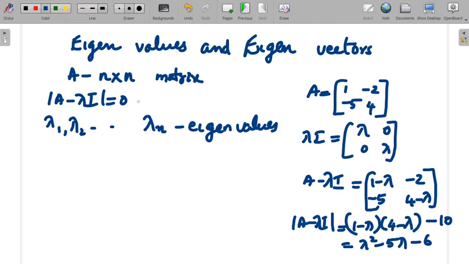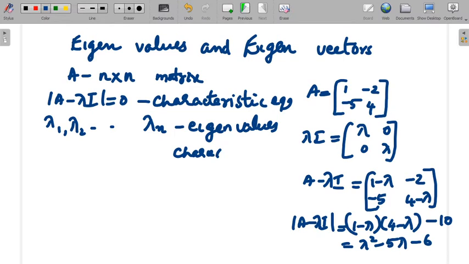Now, determinant A minus lambda I equal to 0, this equation is called the characteristic equation. And thus the eigenvalues are the roots of the characteristic equation, so they are called characteristic roots or latent roots.